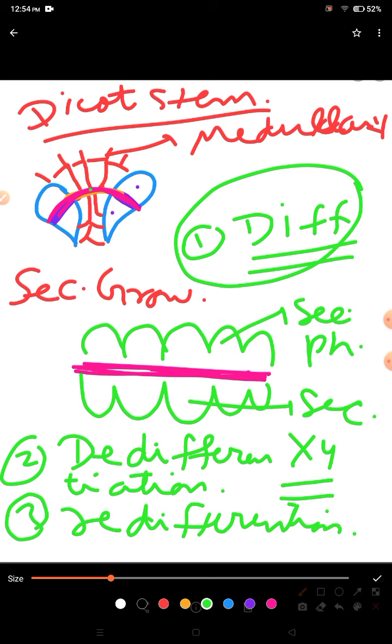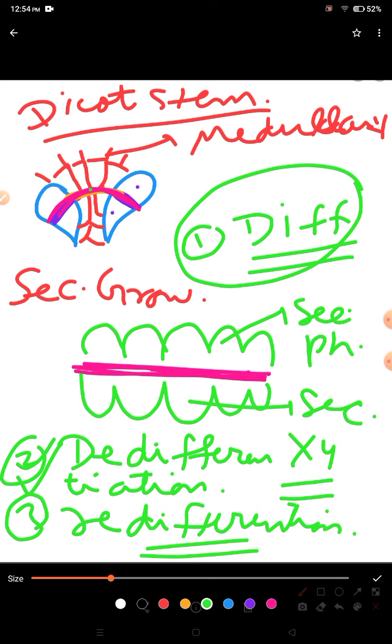Second phenomenon, when this differentiated cell again regains the capacity to divide, becomes meristematic and starts cutting cells. This is known as de-differentiation. But after some time, this de-differentiated cell again loses the power to divide and becomes specific in function. This is known as re-differentiation.